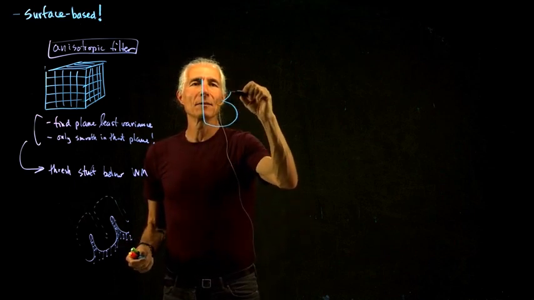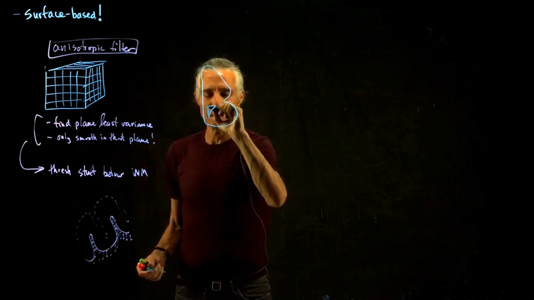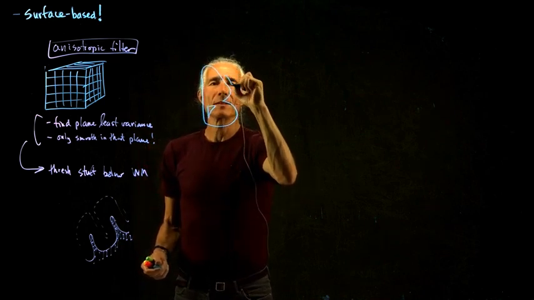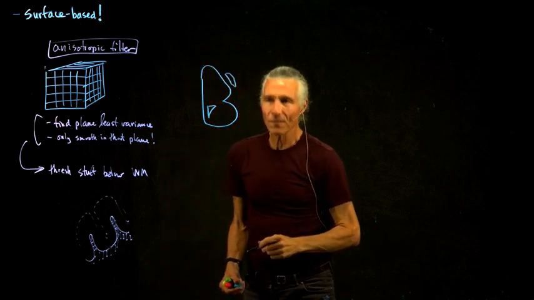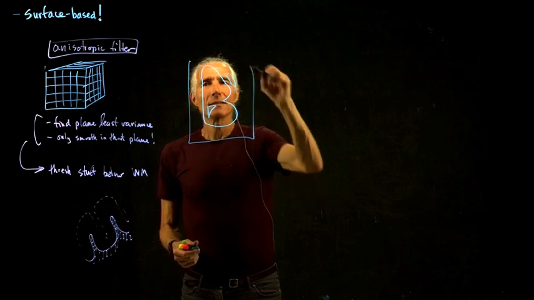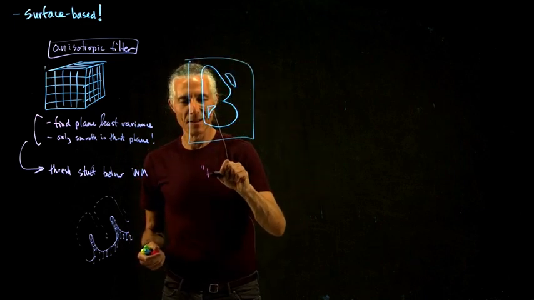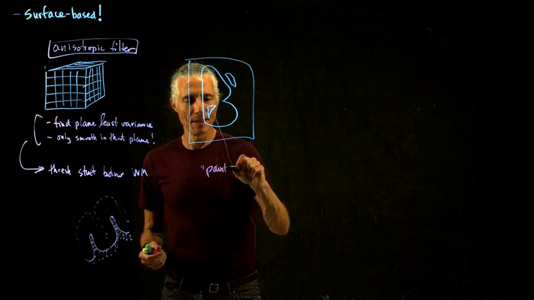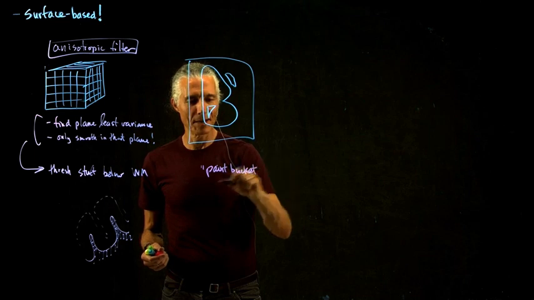So say there's a ventricle inside there, and maybe there's some little crap in the skull out there. So what we can do first is do the paint bucket in 3D. That's the technical term for it, paint bucket in 3D.